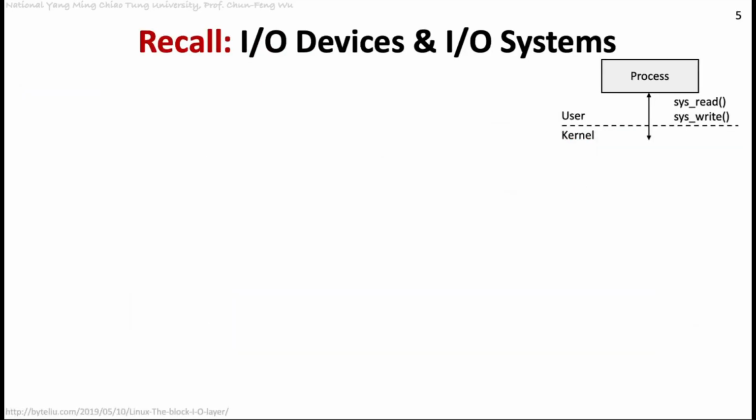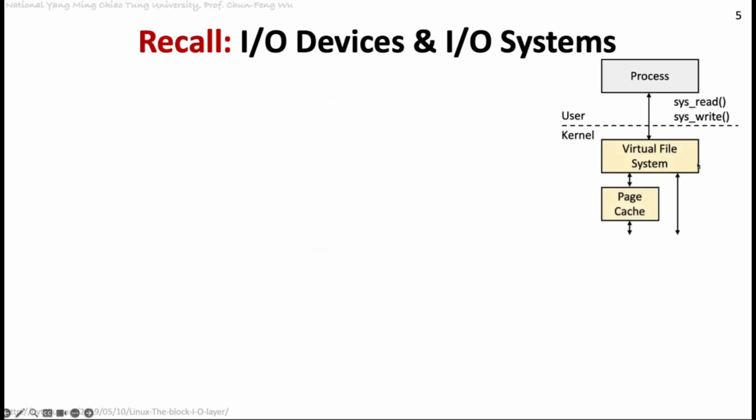Okay, so let me quickly give you a big overview of what we are going to learn in the following few weeks. From a process perspective, a process runs in user space. When one process is going to access file data in the storage device, first it needs to communicate with the virtual file system.